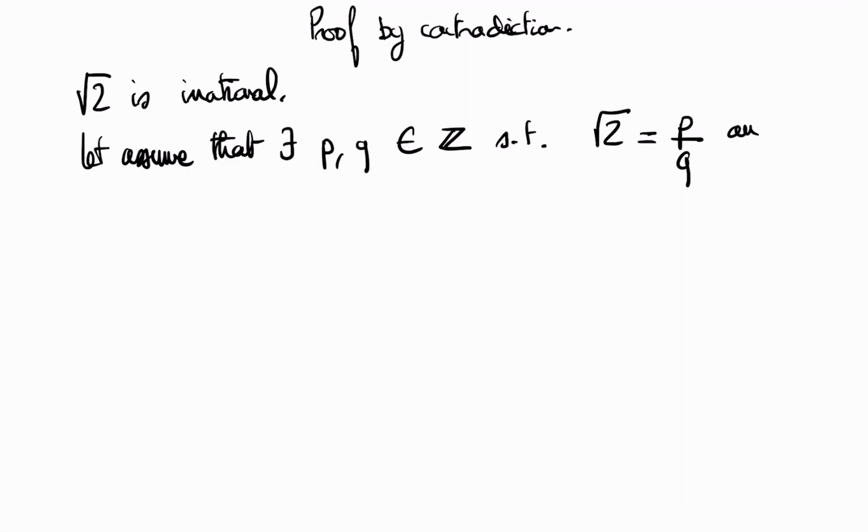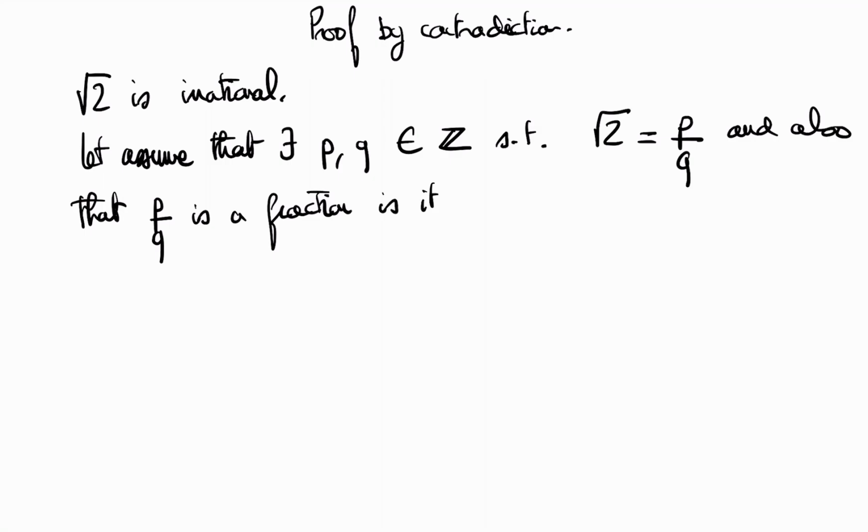And also that p over q is a fraction in its simplest form. Basically, we don't want something like 4 over 8. That's not good. We want 3 over 5, that's good.